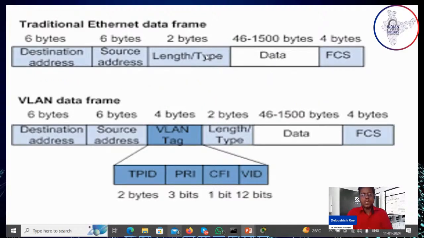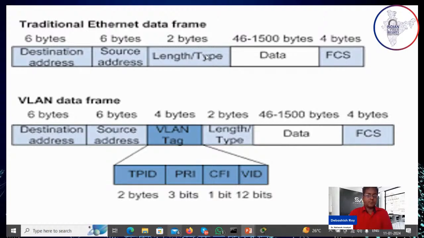Now there is the data type or the frame type. Here is a comparison between the VLAN data frame and the traditional Ethernet frame, that is the Ethernet header. In the Ethernet header, as we know, you have the destination MAC address of 6 bytes, the source MAC address of 6 bytes, length or type of 2 bytes, and then the data, from 46 to 1500 bytes.